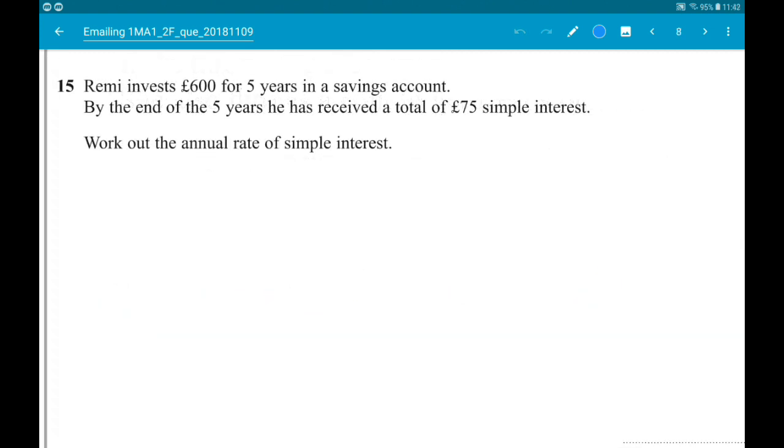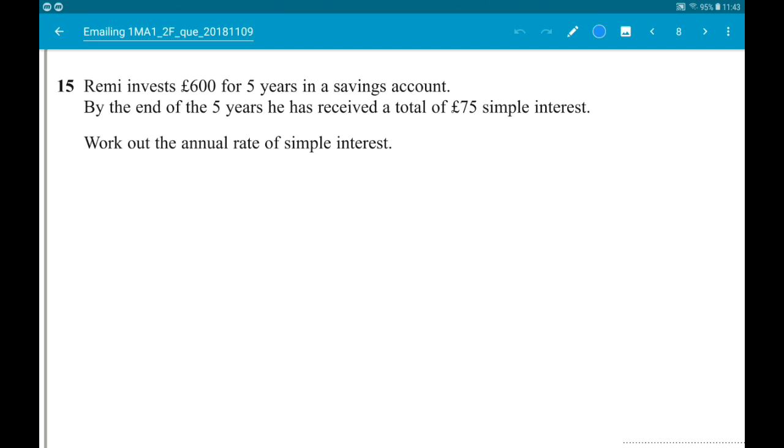Okay, number 15. Remy invests £600 for 5 years in a savings account. At the end of the 5 years, he has received a total of £75 simple interest. So, simple interest is when you get paid the same amount each year.